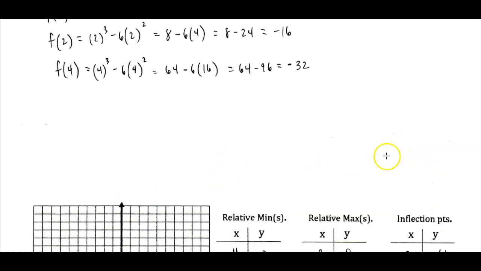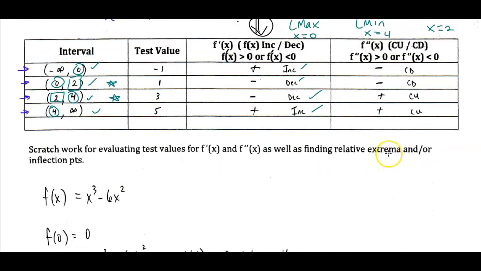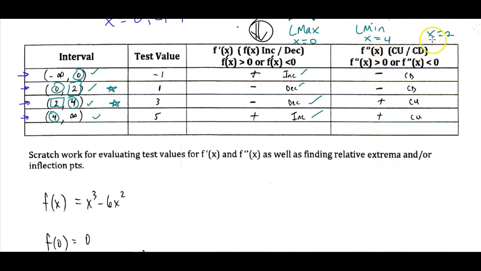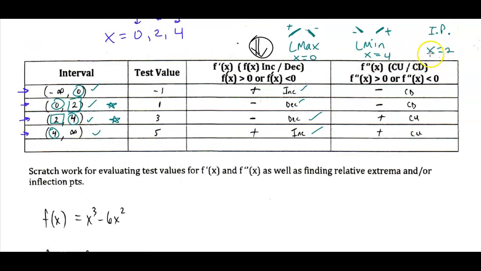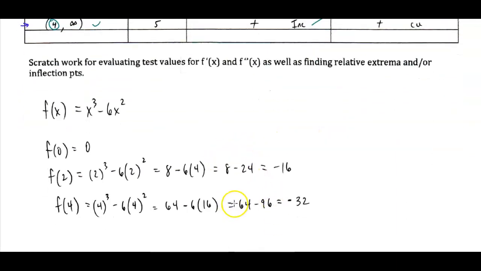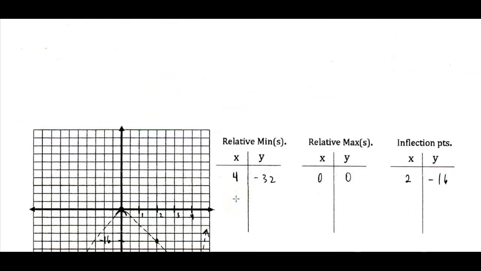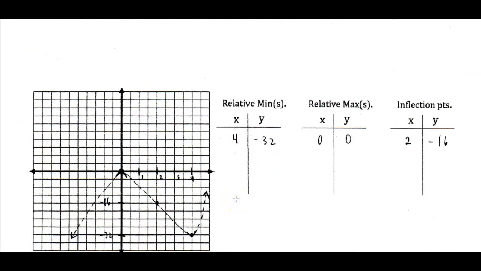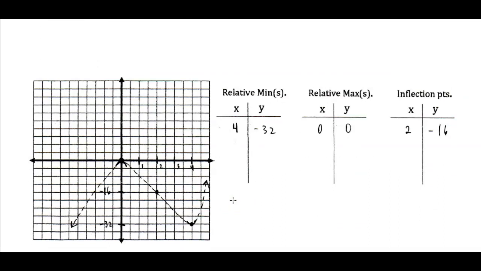So, of course, that came from these numbers up here, x equals 0, x equals 4, x equals 2. And we just found the corresponding y values for them, which is here. And so now the graph that we end up having as a result just looks like this.